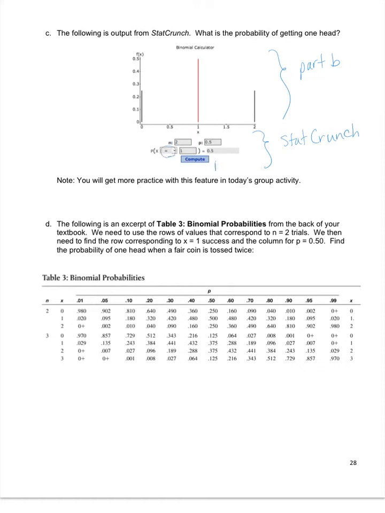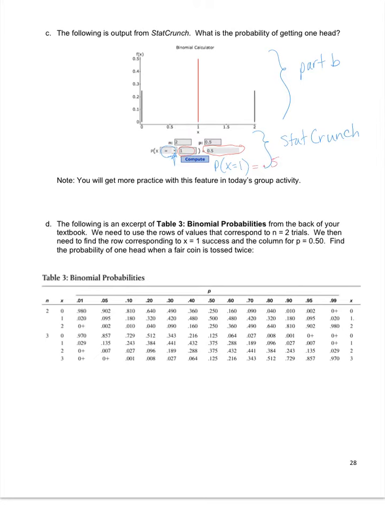Right now we were looking for the probability that X is 1. You can use this drop-down menu, that arrow there, to change that to a less than or a greater than sign. So you can manipulate this and get different probabilities. You can also enter a different number into here. So if you wanted the probability that X is 2, you can make that change there. And then our probability is given right here.